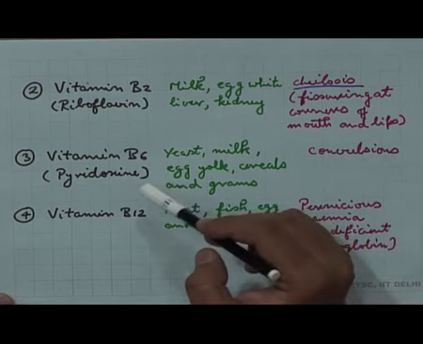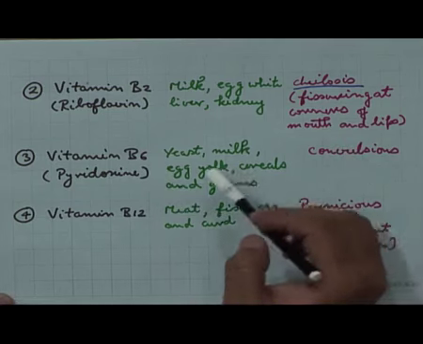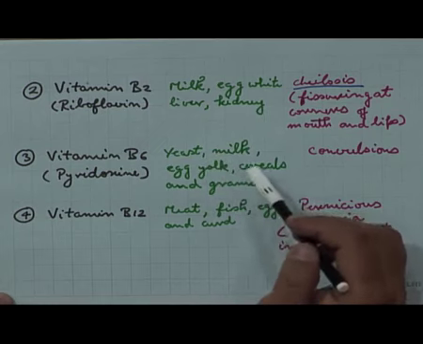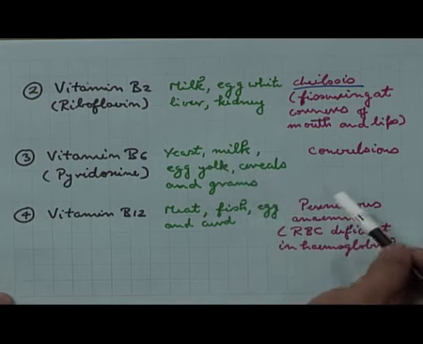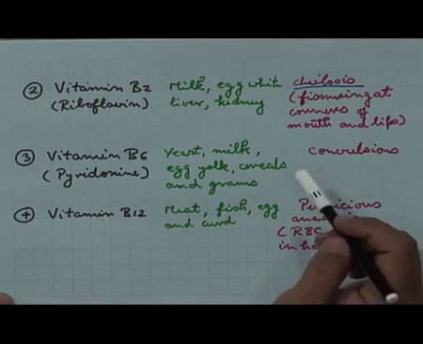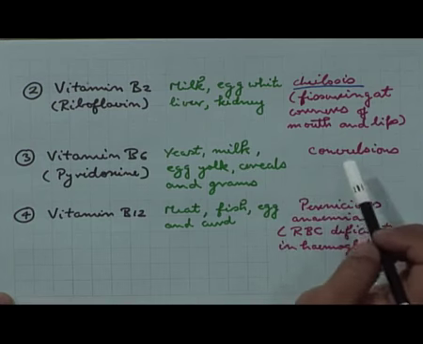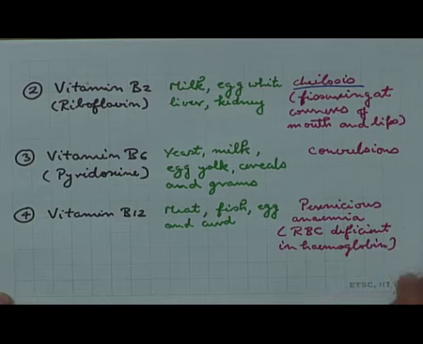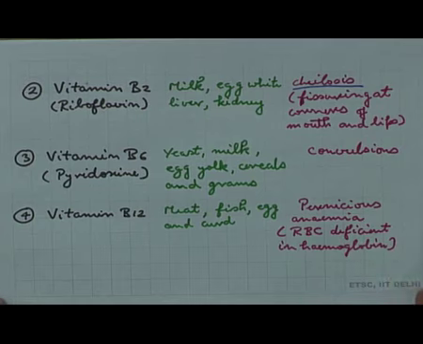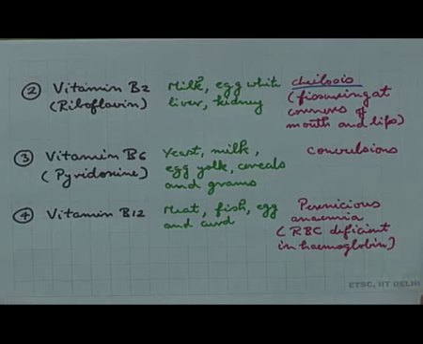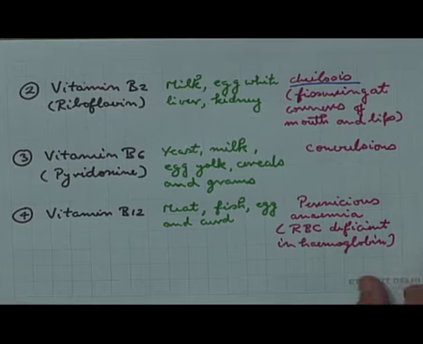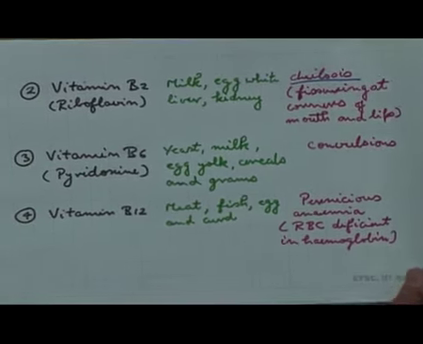Vitamin B6 or pyridoxine can be obtained from yeast, milk, egg yolk, cereals and grams, and its deficiency leads to convulsions. Vitamin B12 can be obtained from meat, fish, egg and curd, and deficiency leads to pernicious anemia, where RBCs are deficient in hemoglobin.